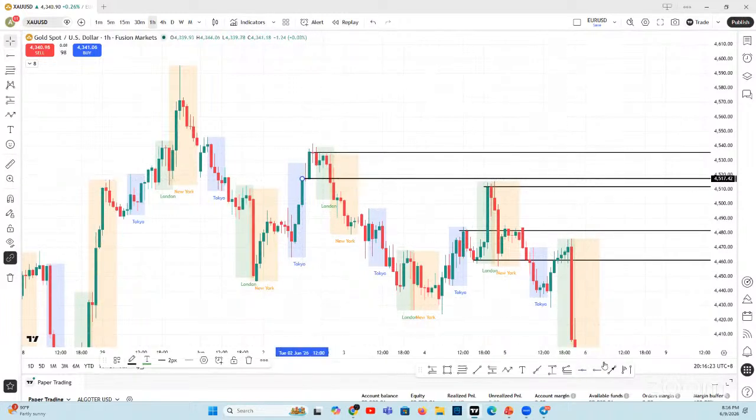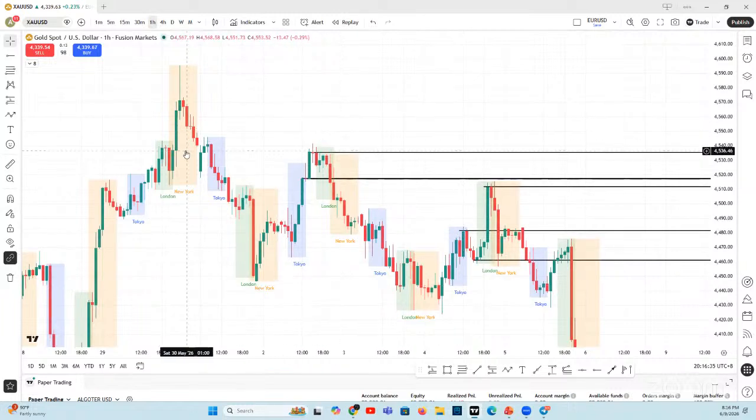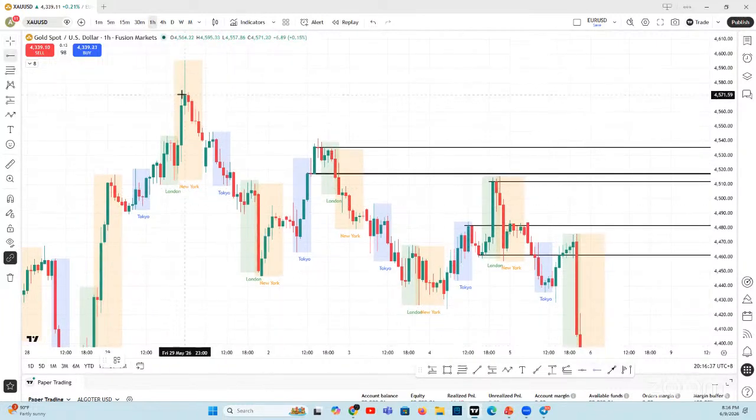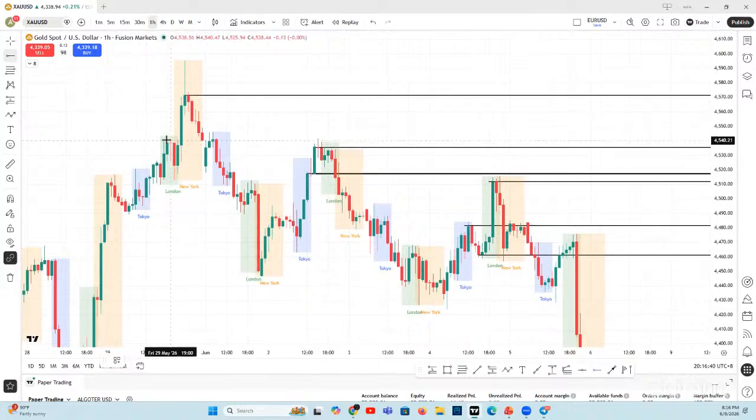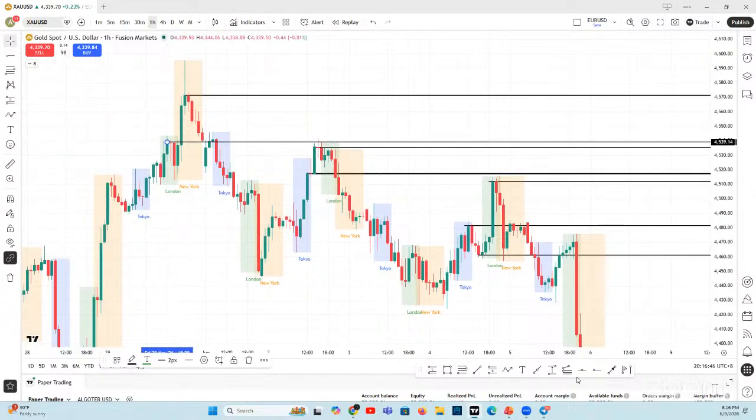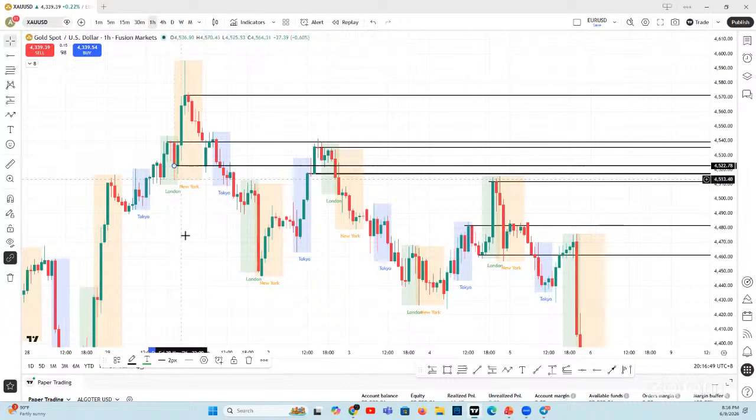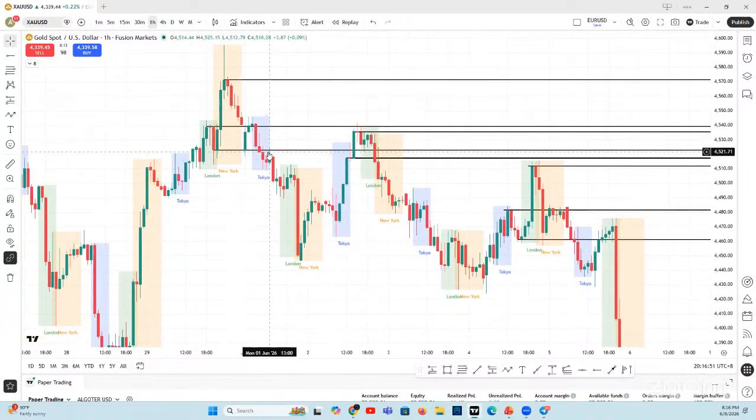Shoulder, neckline. Broke the neckline. It went to the neckline and started to sell. This also. Head. Green, red. Where is the green? There. Green, red is there. Shoulder. Neckline. Went to the neckline, sell. Went to that neckline and shoulder, sell.